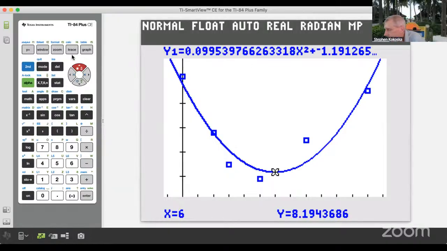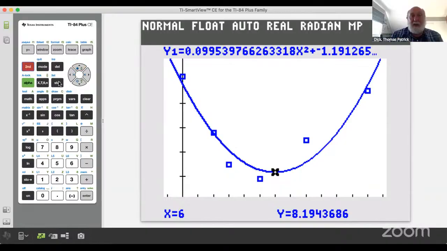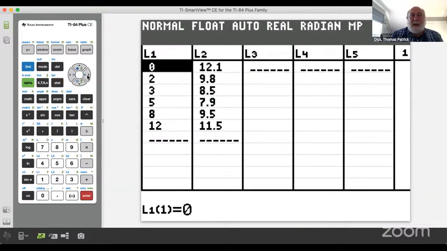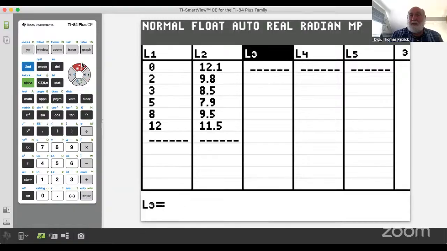How about residuals? Well, let's go back to the stat editor and let's make L3 the values from our regression. So what I'll be doing is evaluating Y1 for each of these values in L1.